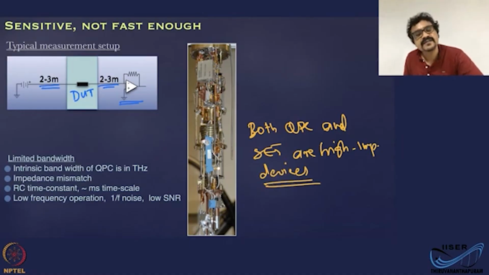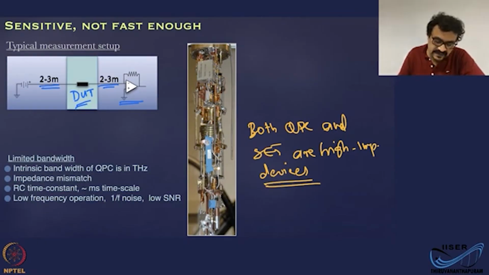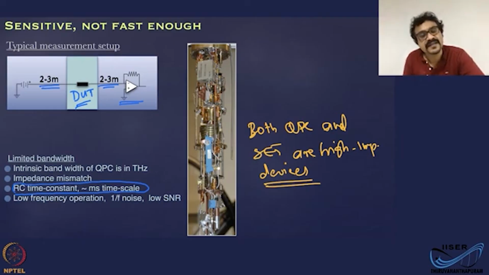What that means is, this high impedance plus the capacitance of the long wire is going to set up an RC time constant which is in the millisecond range.